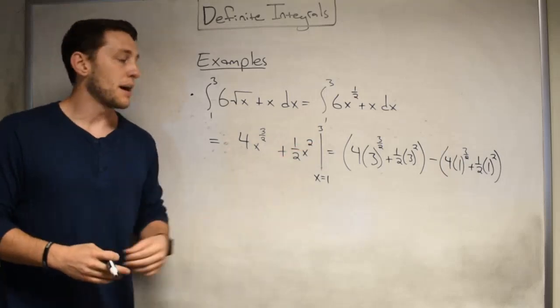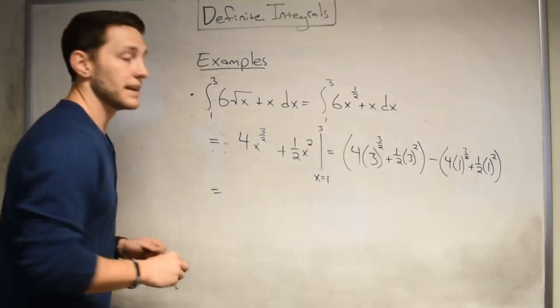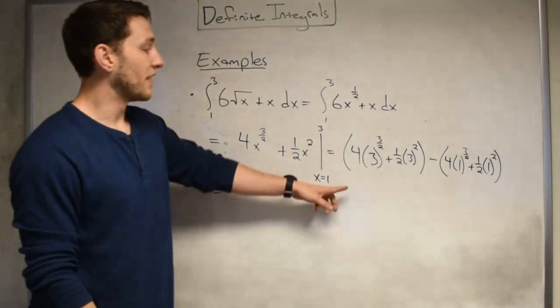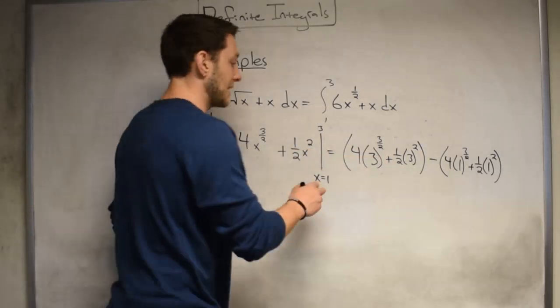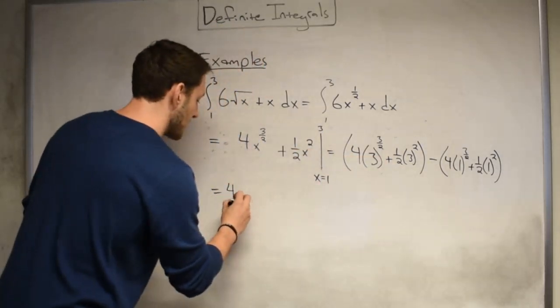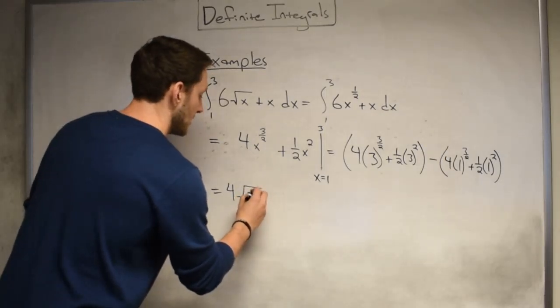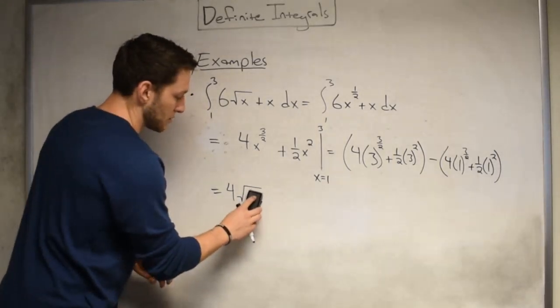Ultimately, now your job is to simplify and land on a single answer. Yet again, a number. Definite integrals give you numbers. So, as we're simplifying, 3 to the 3/2 power, if we rewrite that, is the square root of 3 cubed. Well, 3 cubed is just 27.